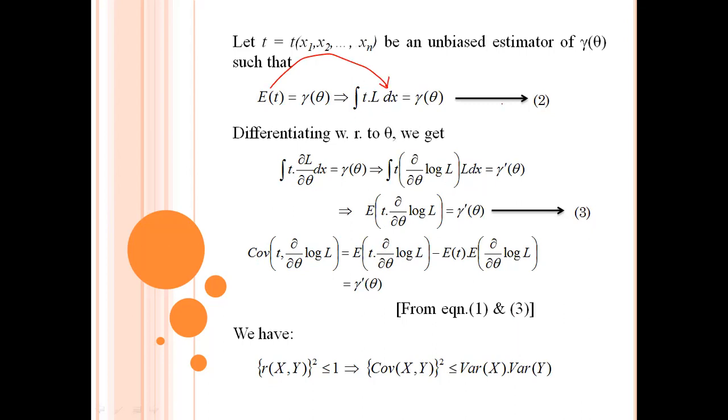So we are differentiating this one. So integral T into ∂L/∂θ. This T is a separate value, so it is not dependent on theta, so we can't differentiate it, we take it as it is. Then this L is the L of x comma theta.